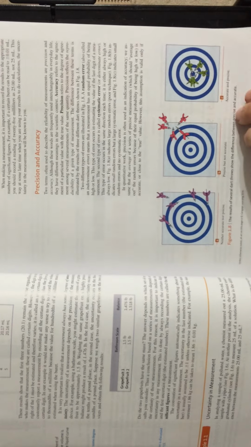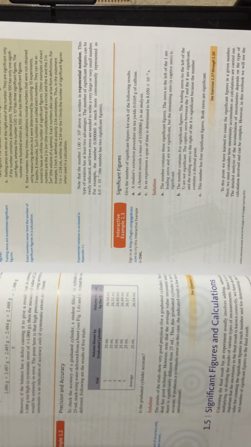However, this assumption is valid only if systematic errors are absent. Suppose we weigh a piece of brass 5 times on a very precise balance and obtain the following results. Normally, we would assume that the true mass of the piece of brass is very close to 2.486 grams, which is the average of the 5 results.